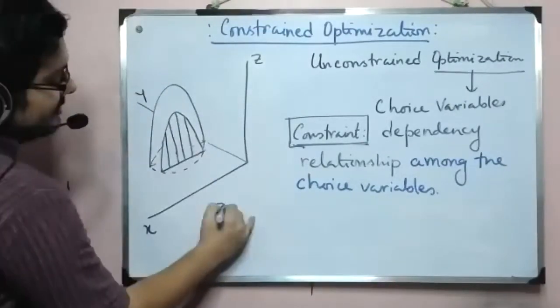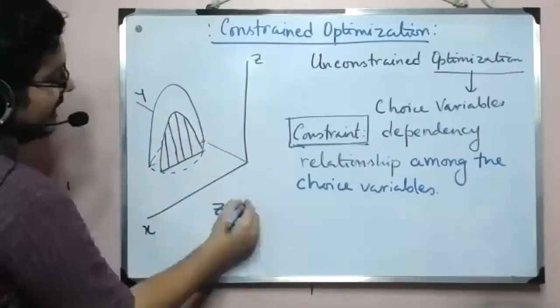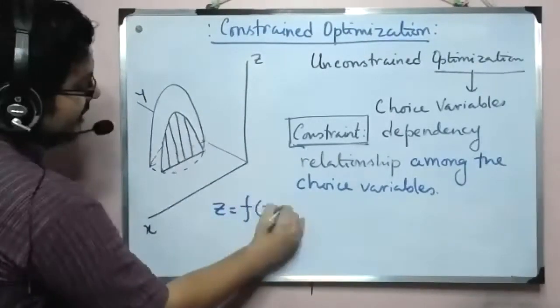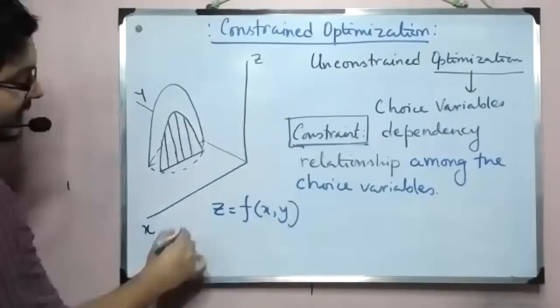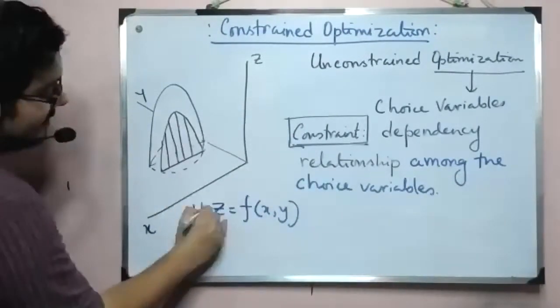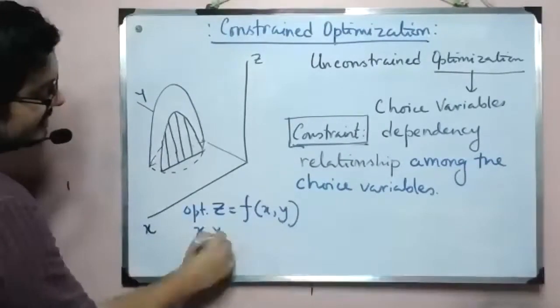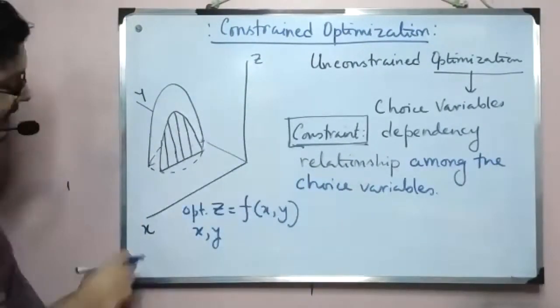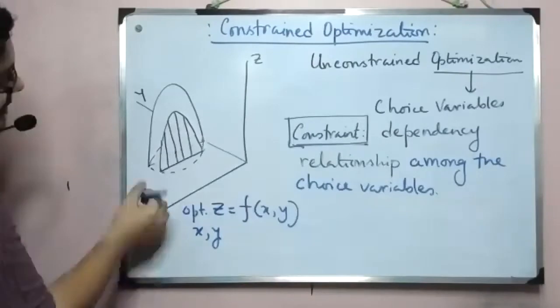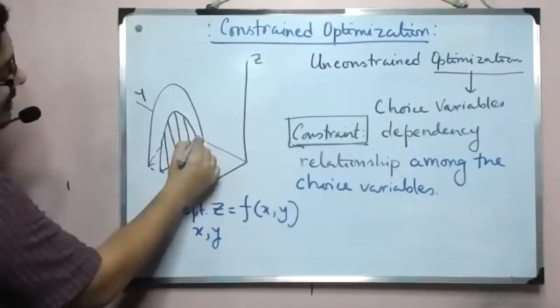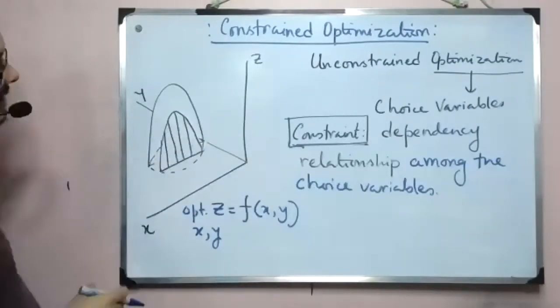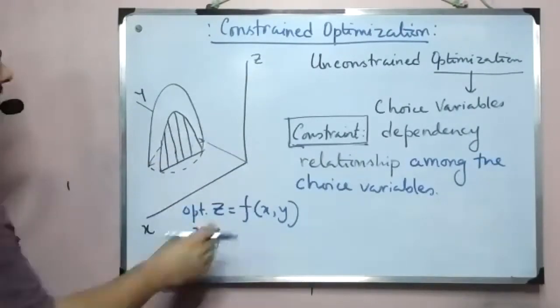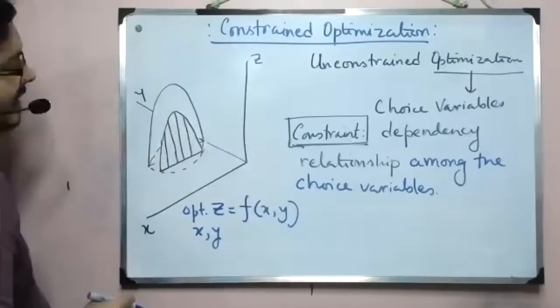So the function that we are looking at through this diagram is of this type: z equal to f of x comma y, and we are trying to optimize this function where the choice variables are x and y. Okay, so in this xy axis, the bigger circle here gives us the domain, or the possible values of x and y.